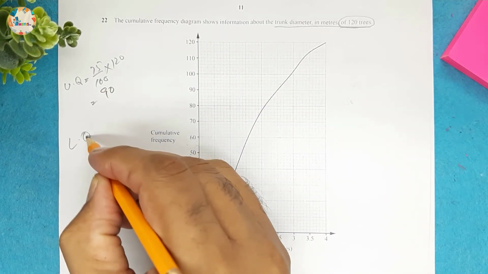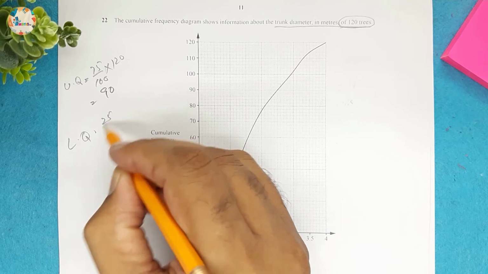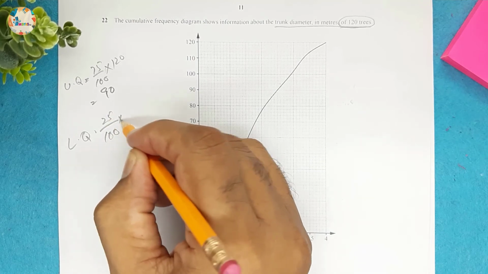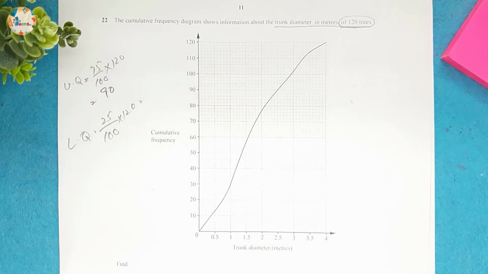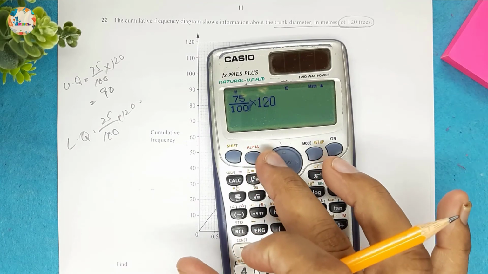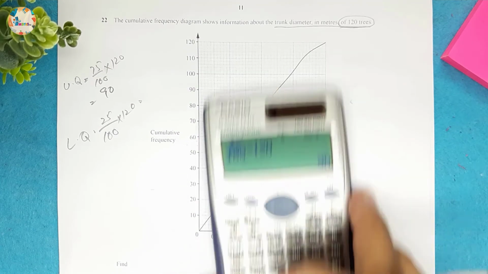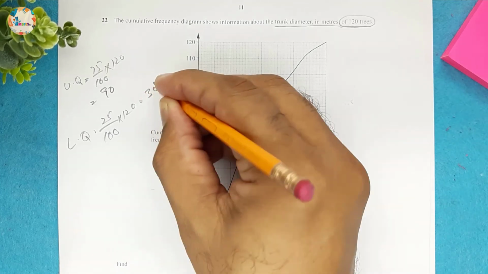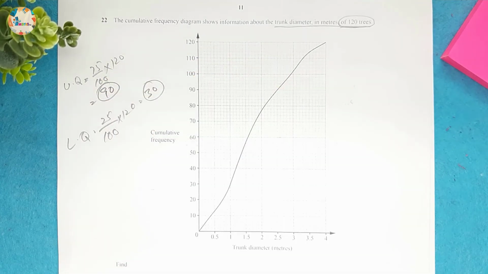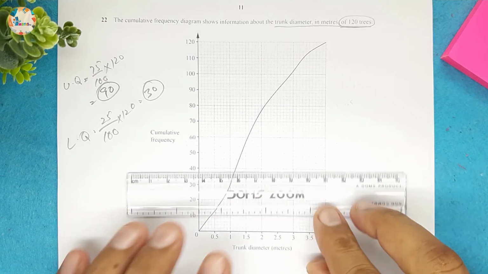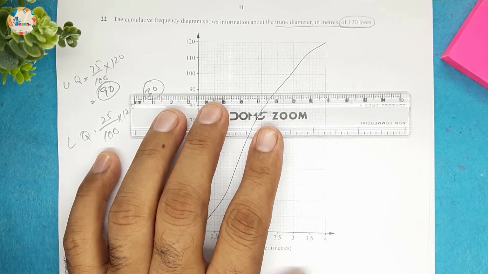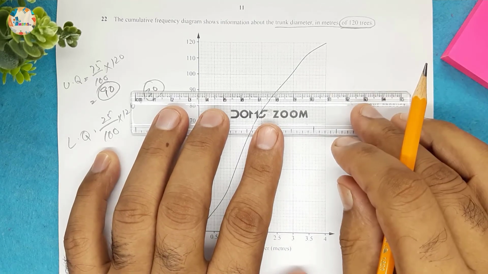Lower quartile also we can find. Lower quartile will be 25th percentile of 120, and this will be 30. So we will be checking for 30 and 90. So we can check reference for this one. 90 will be over here.